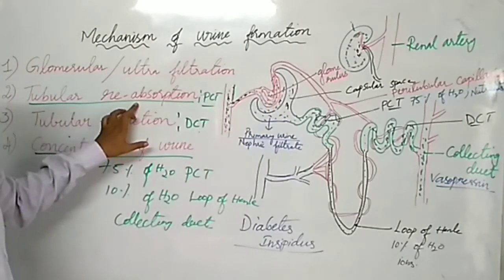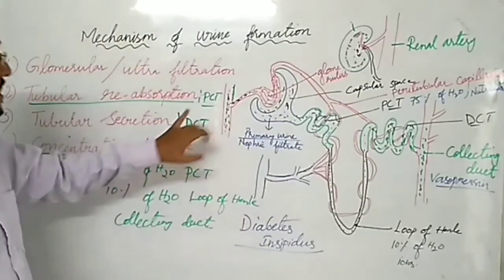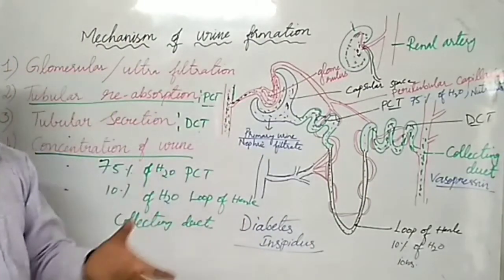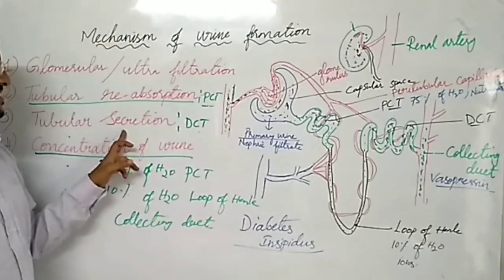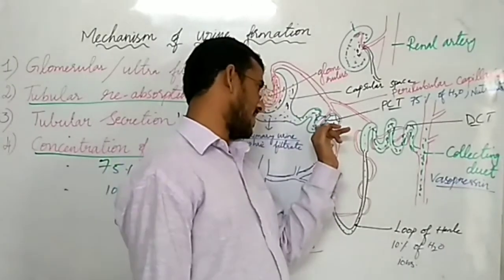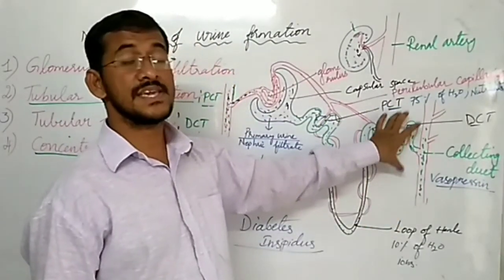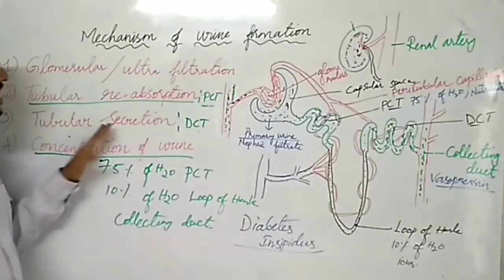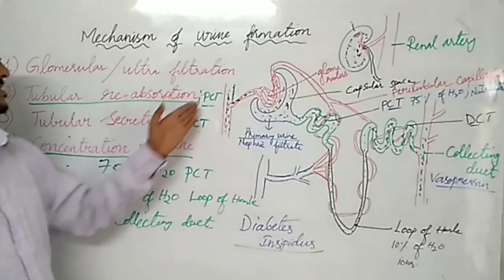Tubular reabsorption occurs in PCT as well as DCT, but in PCT absorption is more compared with DCT. Then tubular secretion. Tubular secretion can occur in PCT as well as DCT, but in DCT tubular secretion is very high compared with PCT.